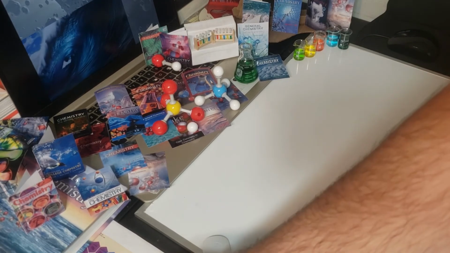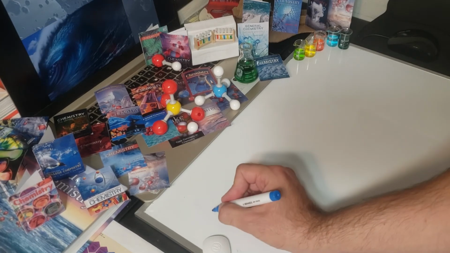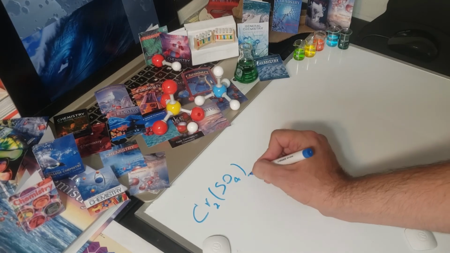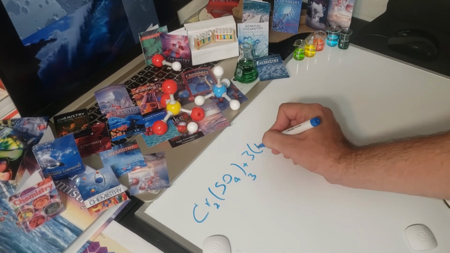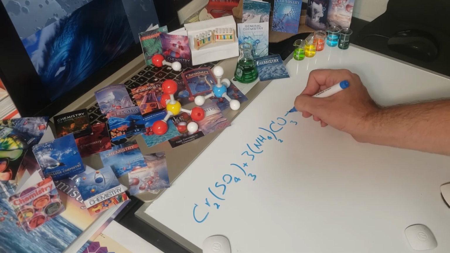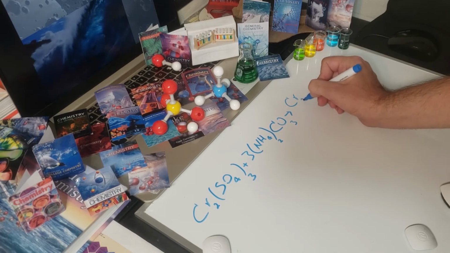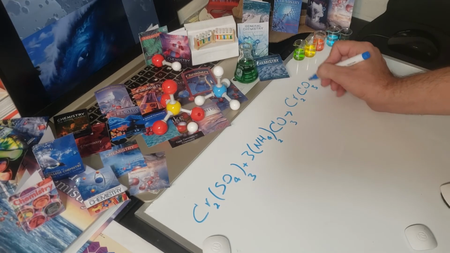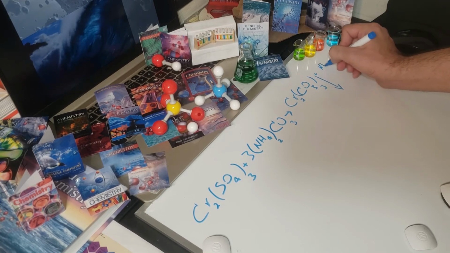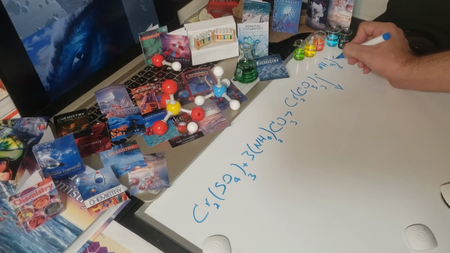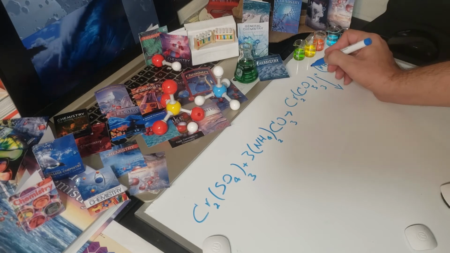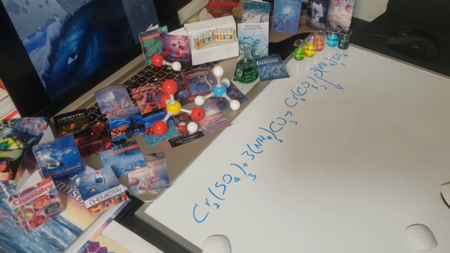Let's go on to my other example, that is Cr2(SO4)3 plus 3 (NH4)2CO3, giving me Cr2(CO3)3, that's going down, and then (NH4)2SO4 and 3 of this. Okay, so that's the equation.